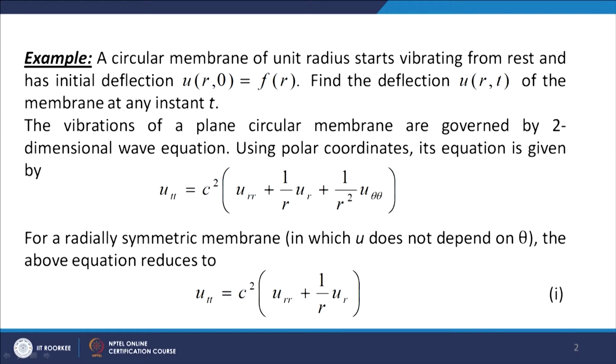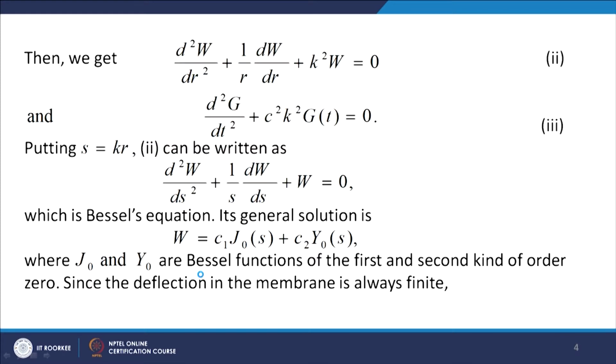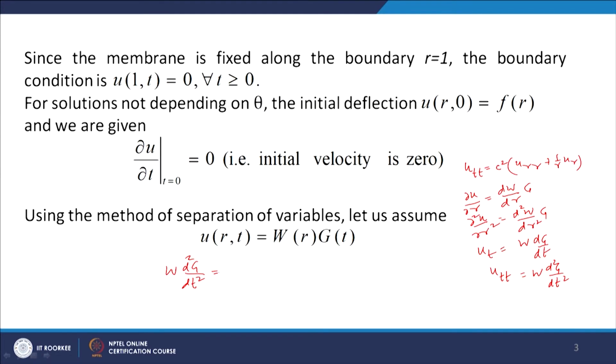So u_tt is W into d square G over dt square, and the right hand side will be c square into u_rr plus 1 by r u_r, that is, d square W over dr square into G plus 1 by r dW by dr into G. Now we divide both sides by W G. When we divide by W G, what do you notice?